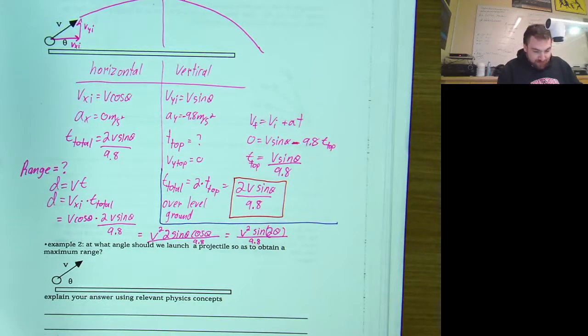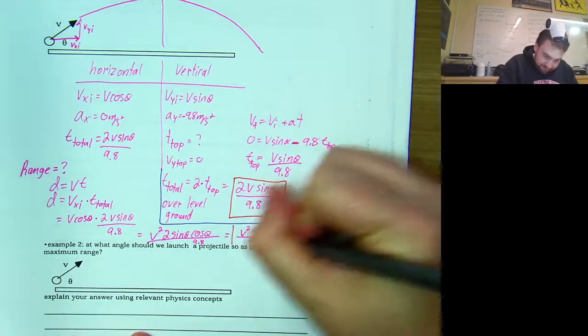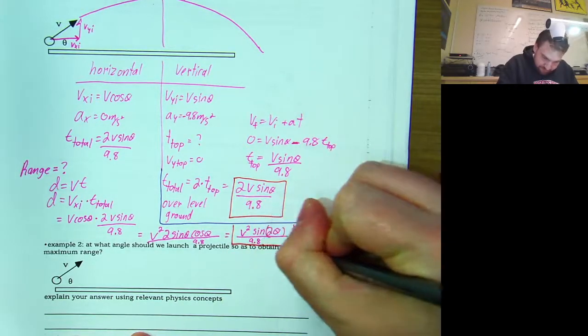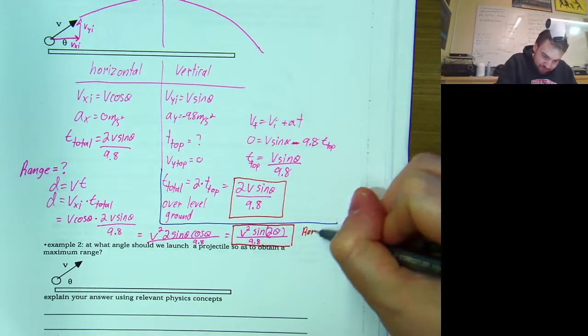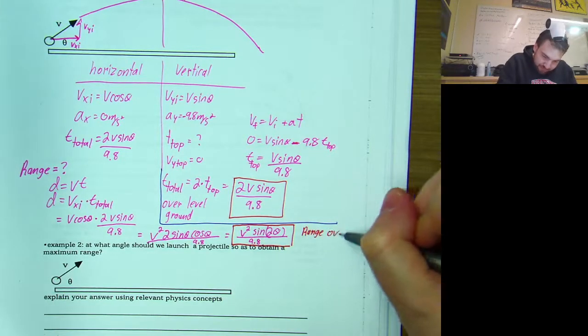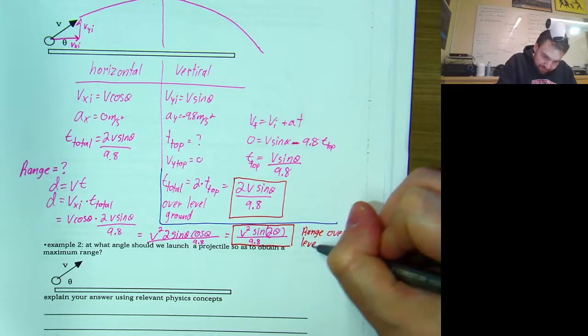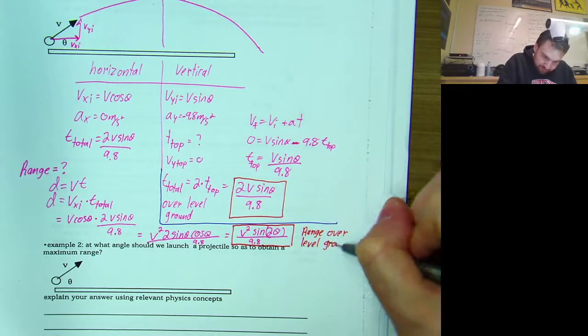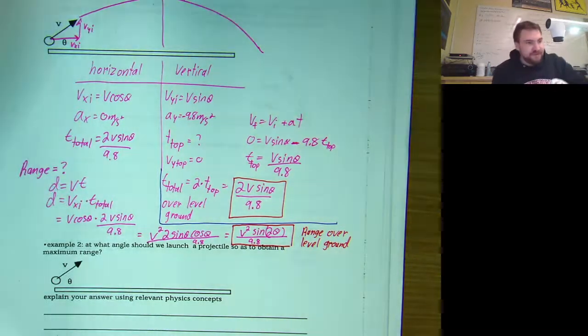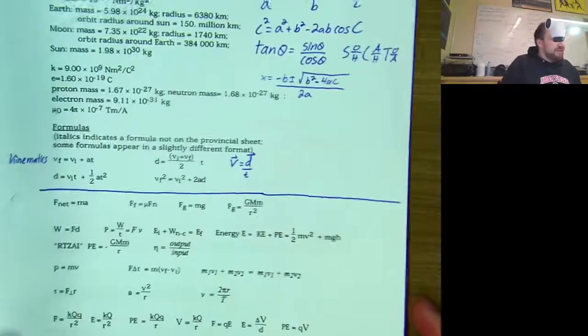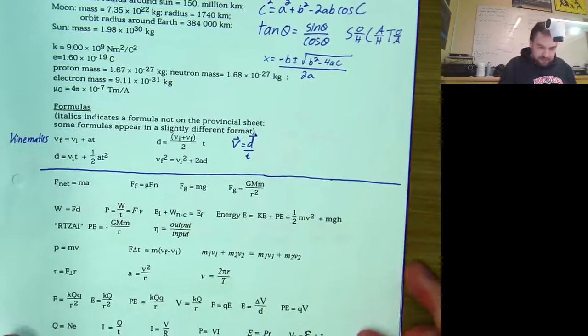And this is the formula. So we're going to box it, for the range over level ground, which is really quite cool. Now, you know what? Let's add those to our formula sheet as it is right now. I've got these guys here.